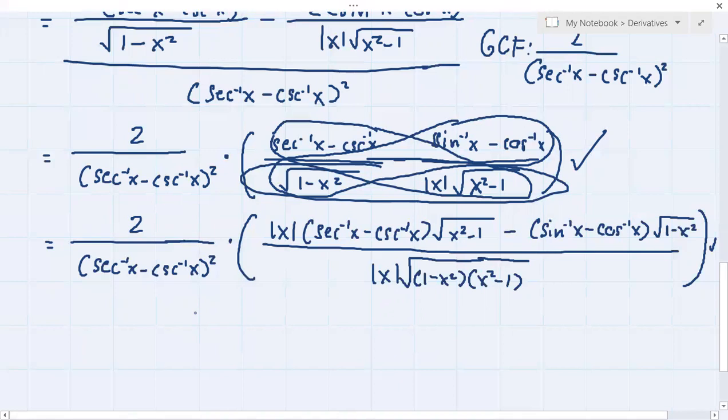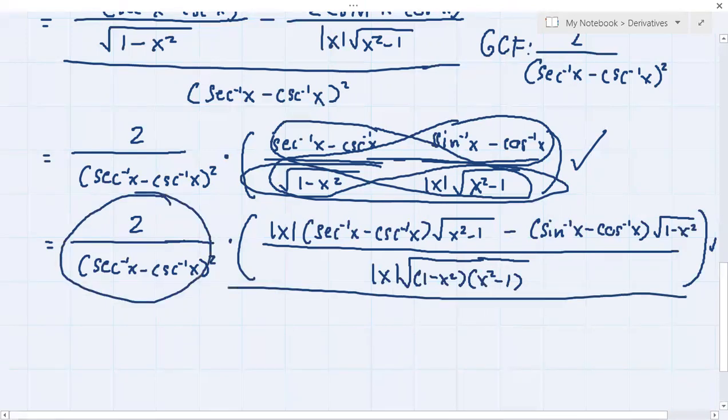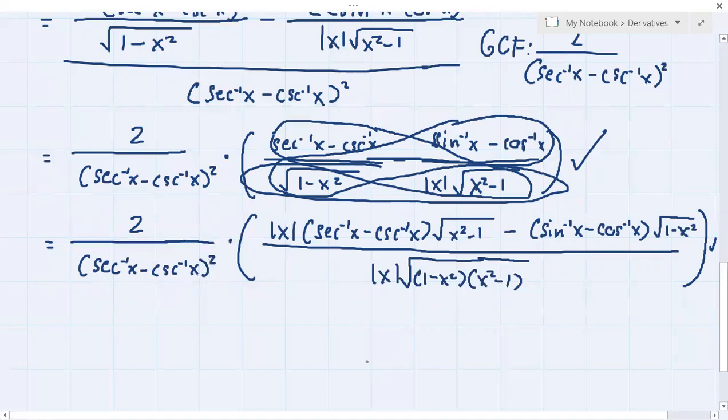Or, kung gusto nyo like, i-multiply nyo sila, like itong fraction na to, at itong mahabang fraction, then sure, no problem. Pero again, hindi naman siya mahirap, pero magiging complicated yung answer niyo. Okay?